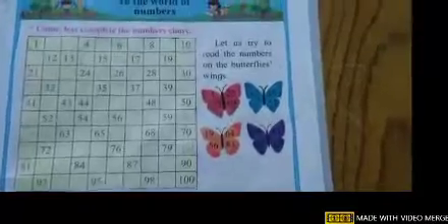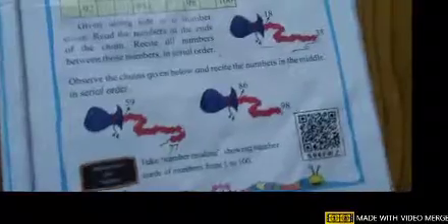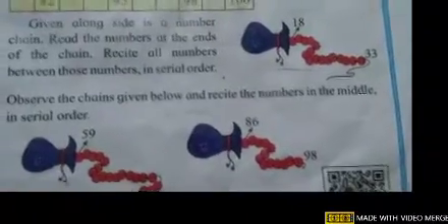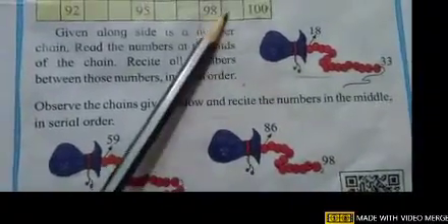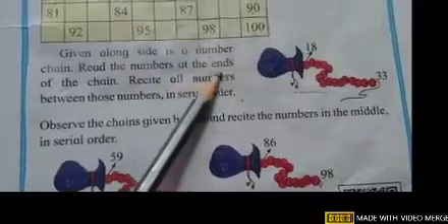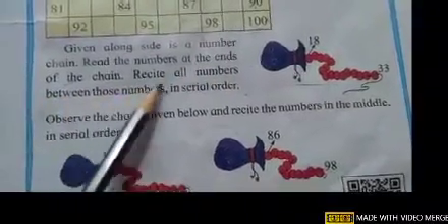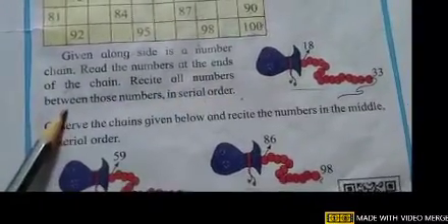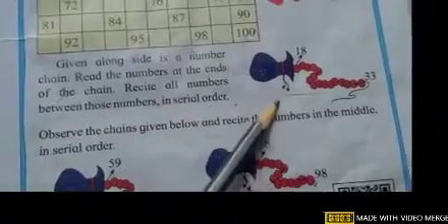So we'll go on to our next question. See children, that is our next question. Given alongside is a number chain. Read the numbers at both ends of the chain. Recite all the numbers between those numbers in serial order.